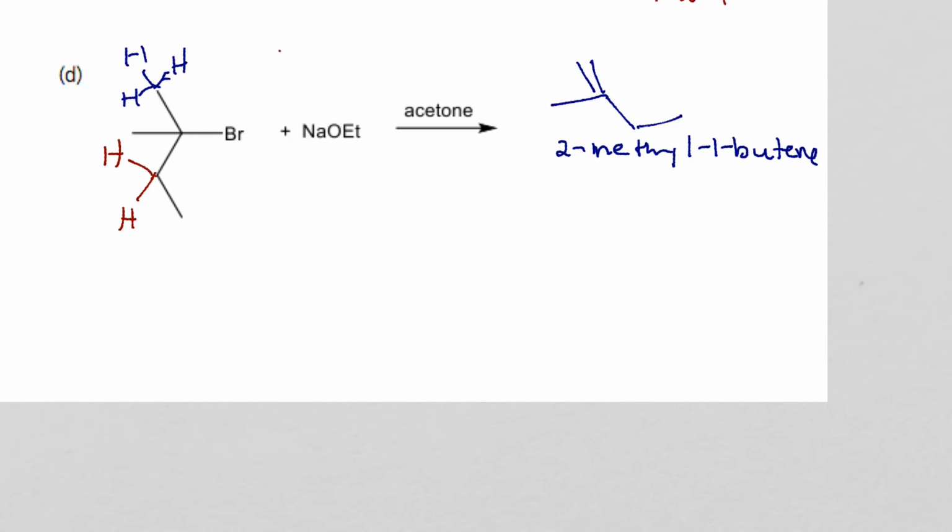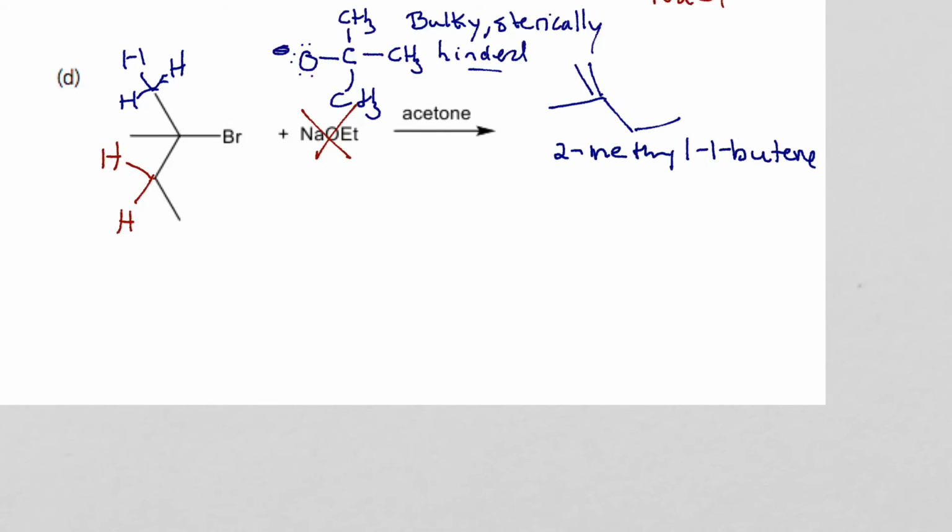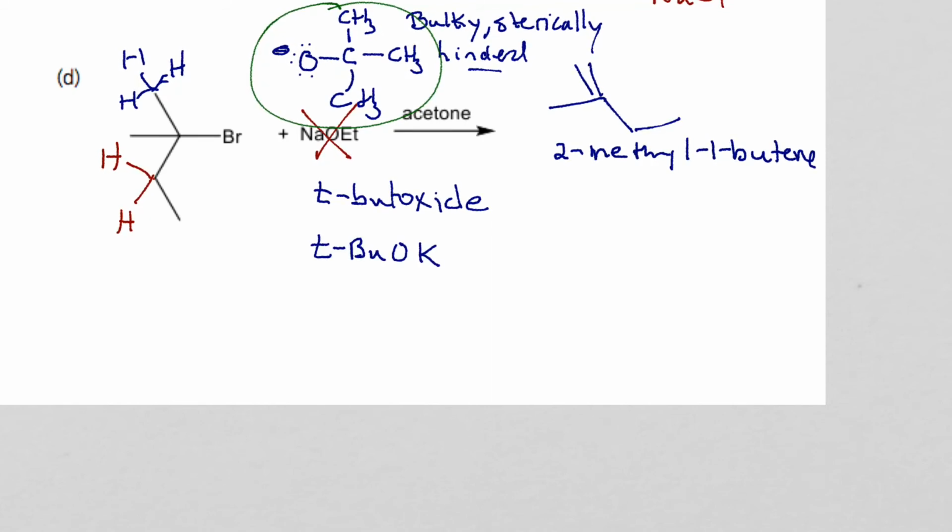But if I wanted to get non-Zaitsev, what I'd want to do is not use a slim, speedy base like this. I'd want to use a bulky, sterically hindered base like this t-butoxide here. So this is, recall, t-butoxide, and as I said in class, it's usually written t-BuOK because the counterion is usually potassium, and so that's potassium t-butoxide.